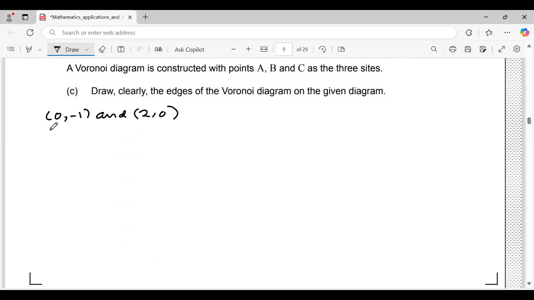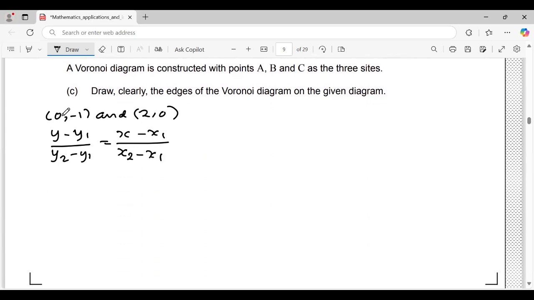I would like to use a formula like this: y minus y1 over y2 minus y1 equals x minus x1 over x2 minus x1.